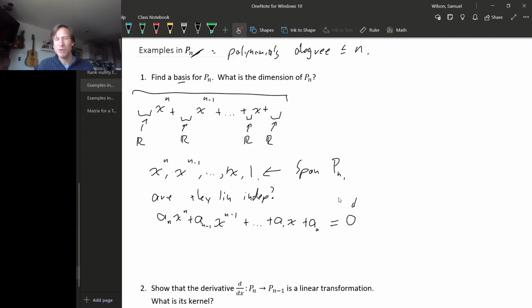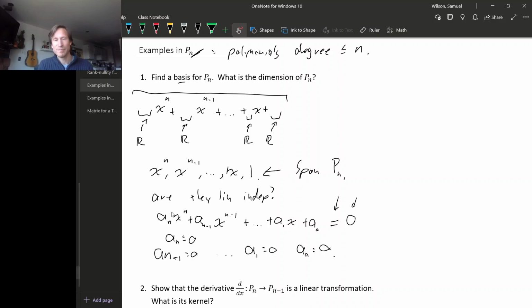Well, the only way for two polynomials to be equal is if their coefficients are equal. So if this polynomial is equal to 0, that means a sub n is equal to 0, a sub n minus 1 is equal to 0, and so on, all the way down to a sub 1 is 0, and a sub 0 is 0. But that means we have the trivial linear dependence relationship.